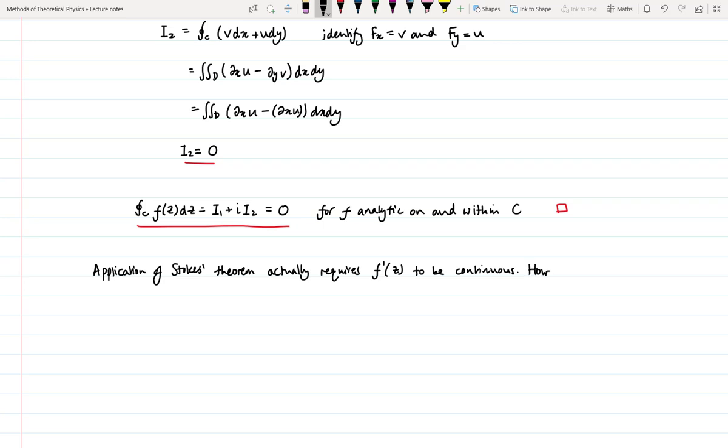However, there are stronger proofs of Cauchy's theorem, CT, that do not require this. We're not going to go into such proofs, but you can look up, for example, the Cauchy-Goursat theorem.